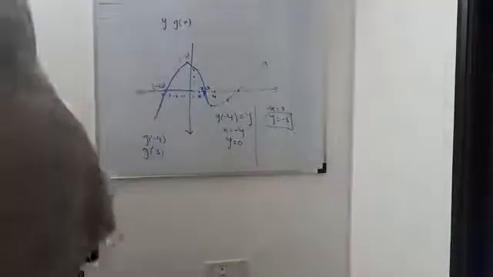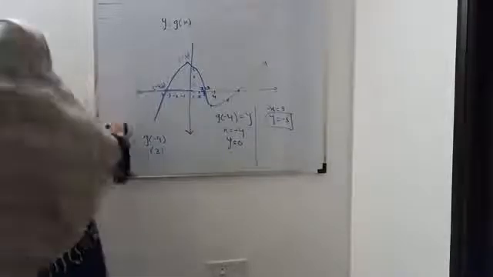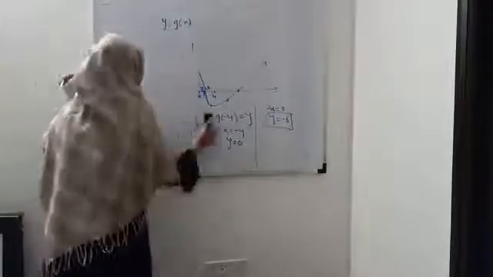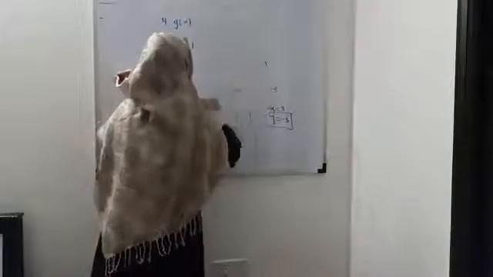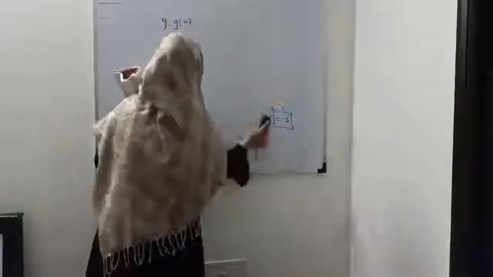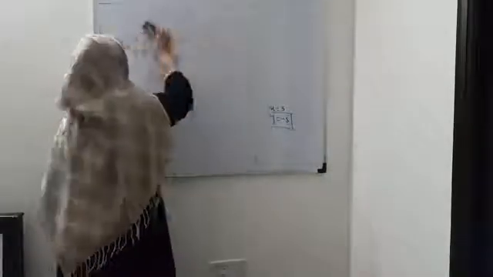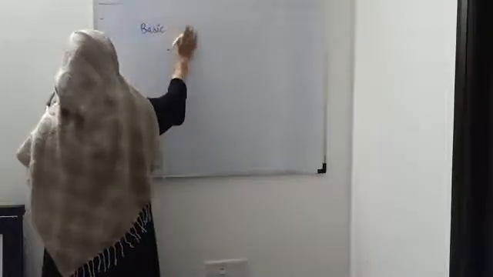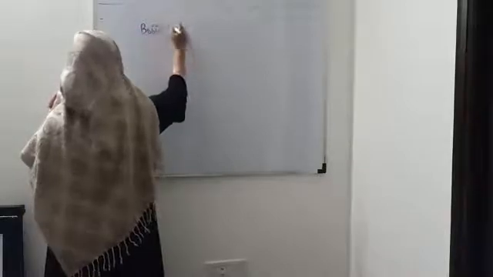So the next topic, the next point is basic functions. Basic functions, like in trigonometry there are basic formulas, right? So similarly in functions also there are basic functions, standard functions. So the first basic function is, you can say basic or standard functions.